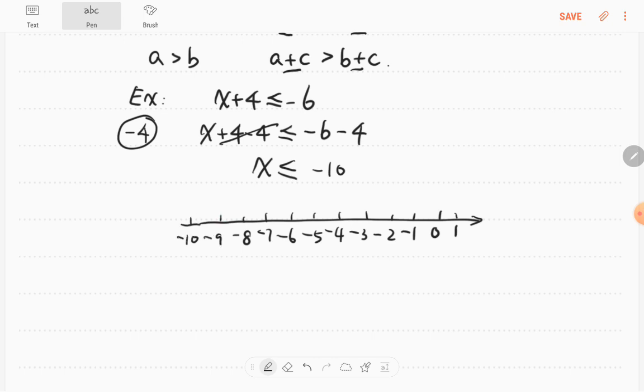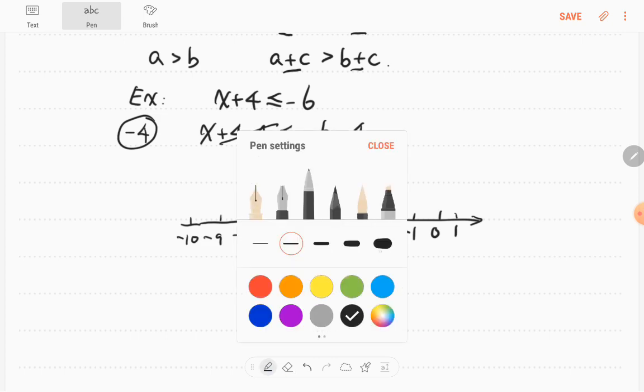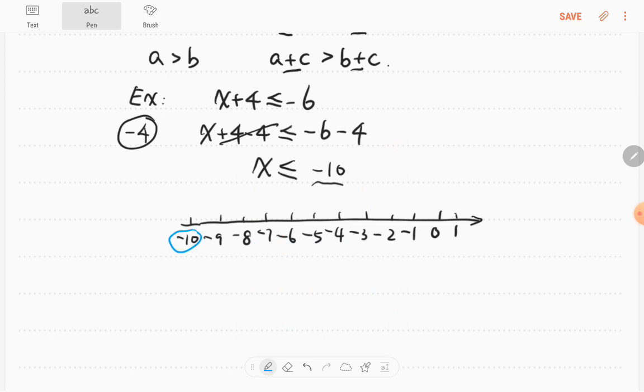So for this question, we locate what is the value first. It is the -10. And after that, we check the direction. We know it should be to the left.